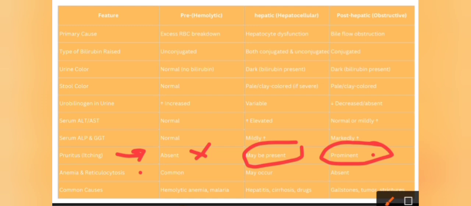Now the common causes are hemolytic anemia in case of pre-hepatic, while it is hepatitis or cirrhosis in case of hepatic cause, or gallstones or tumors in case of obstruction. So this was all about the clinical picture. Now let's understand the basic tests from which you would be identifying, that is serum ALT level, AST level, alkaline phosphatase and GGT levels. So let's understand its concept.